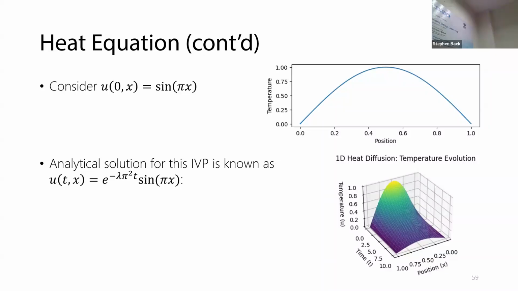No matter how crazy your initial condition is, the solution is going to be the exponential part times that crazy function describing your initial condition. That's one of the really nice properties of the heat equation. And later on, this is kind of a preview of tomorrow's lecture, actually.